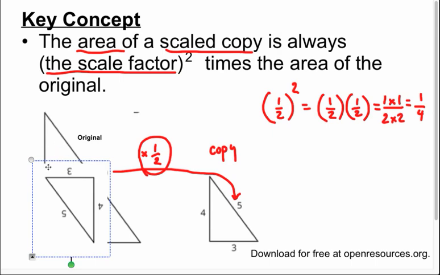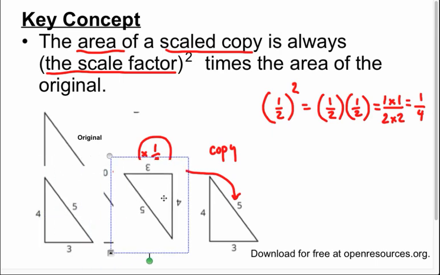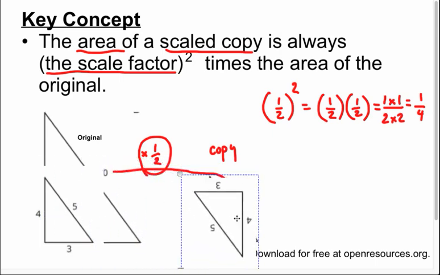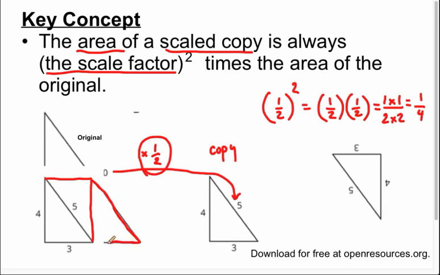And then another triangle could fit right there, and another triangle could fit right here. I wish that these didn't block each other, but the idea is that this area right here is going to be 1/4 of whatever this area was. So you can imagine one here, one triangle there, one triangle here, one triangle here, and the other triangle here.